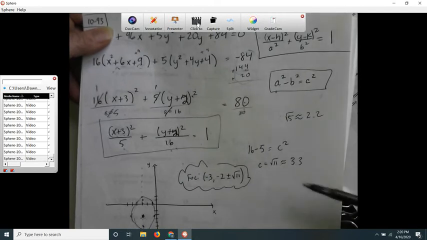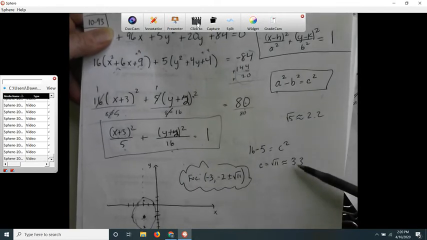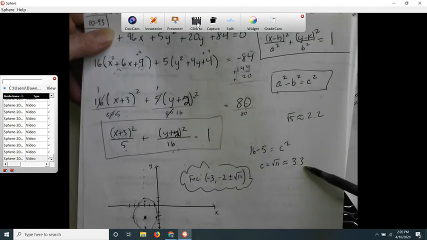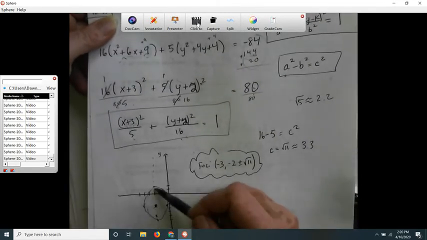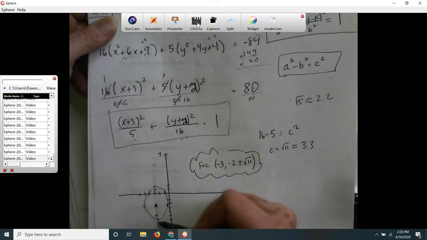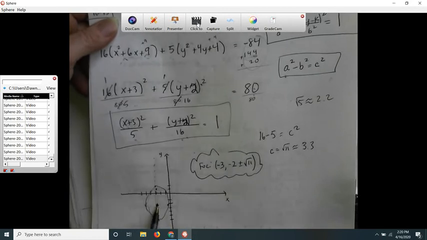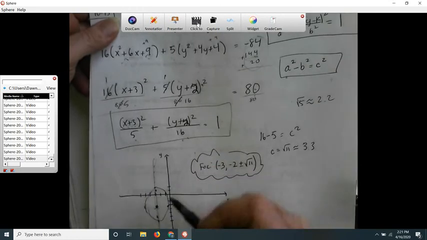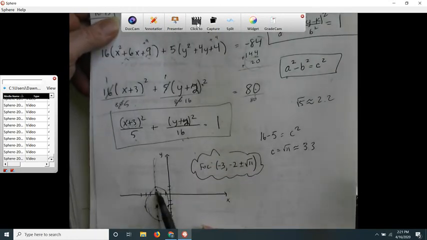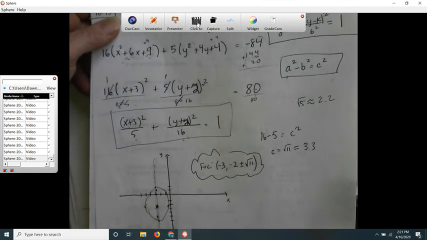And then, so square root of 11 is about 3.3. So I know that my foci are going to be on the same line of symmetry as my center, and that's the major axis right here. So I'm going to go up by 3.3 and down by 3.3 and place my two foci there.